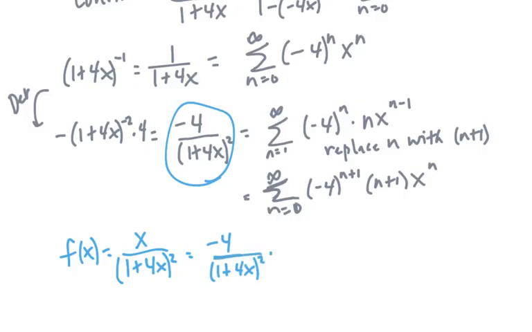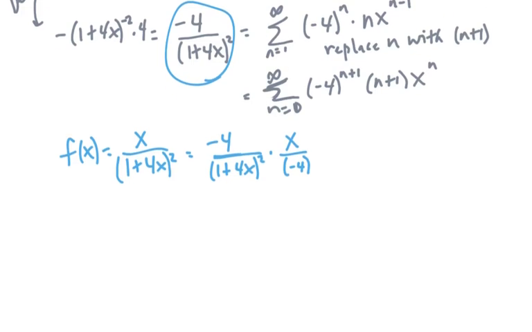In order to make it look like that, I need to multiply by x over negative 4. So let's switch those, commutative property. So we have x over negative 4 times negative 4 over (1 + 4x) quantity squared.